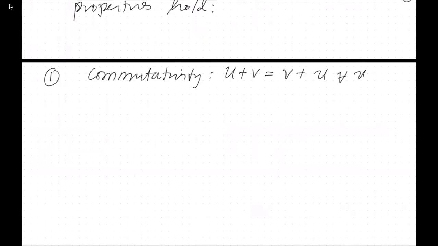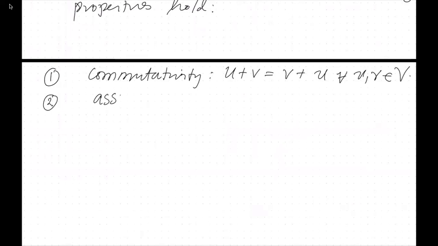Number one, commutativity of addition. So u plus v is equal to v plus u for all u and v in our vector space V. This is just for the addition.